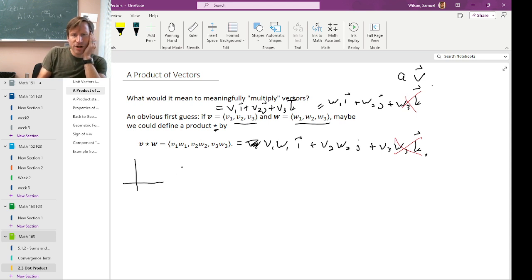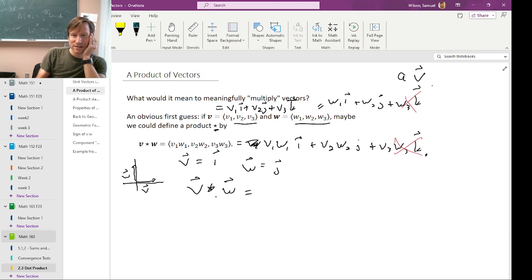Okay, so for us, v is going to just be the vector i, like this. So here's v. The vector w for us is just going to be j, like this. So there's w.